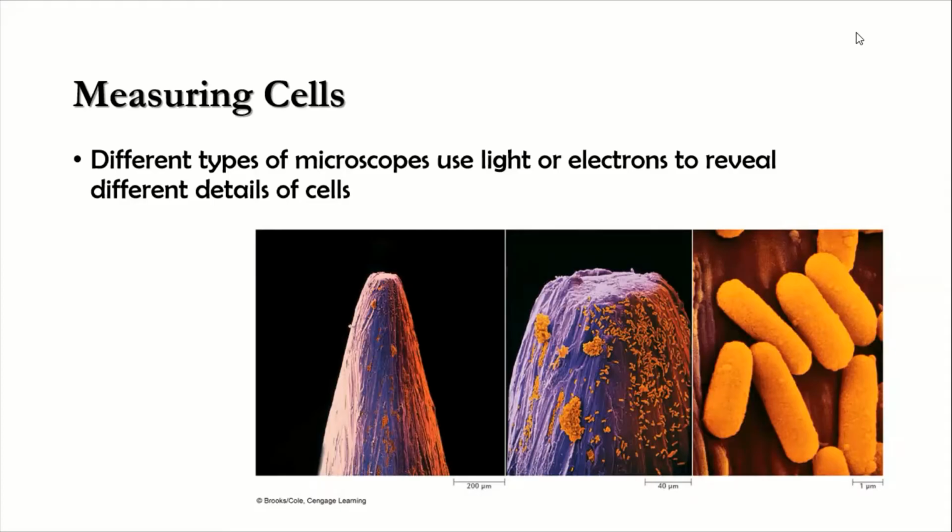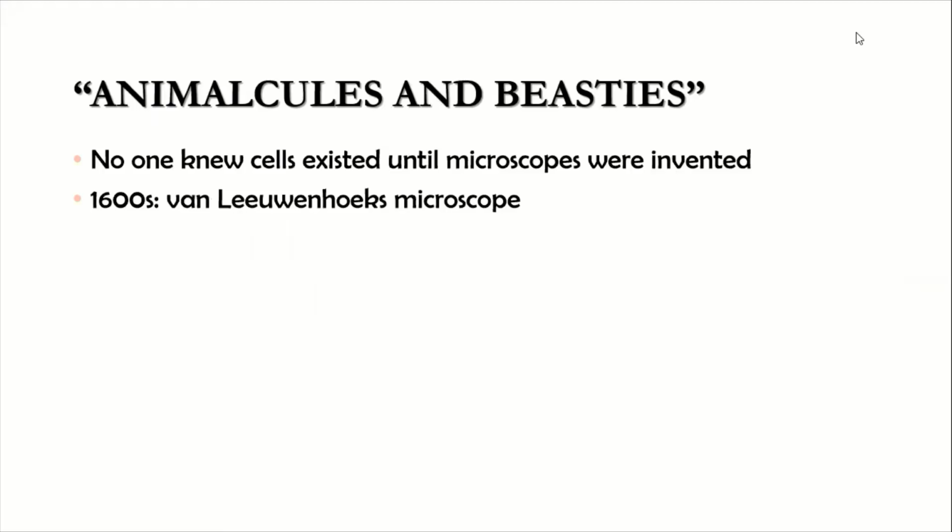When magnified, you would now see some bacteria, as you could see, the yellow rods on the tip of the pin. Okay? So how did people get to know about cells? No one actually knew cells existed until microscopes were invented, and we have Anton van Leeuwenhoek who started to see these microorganisms.